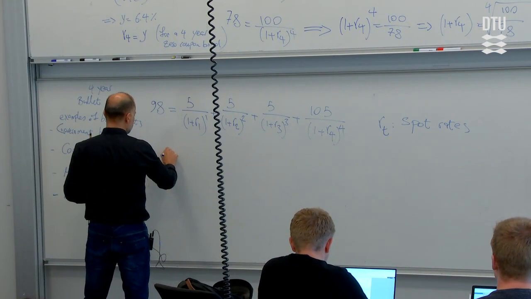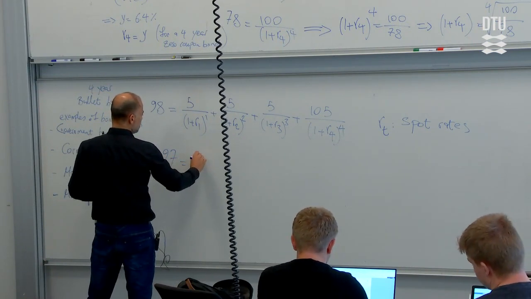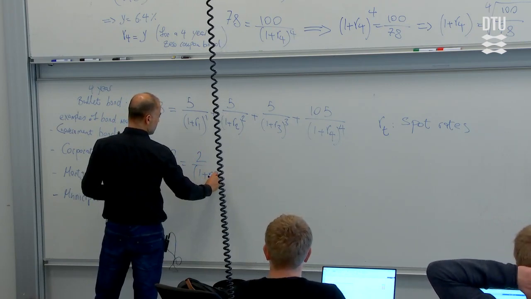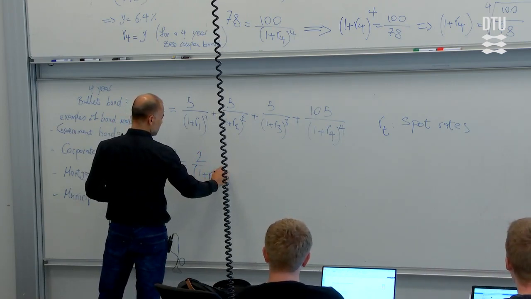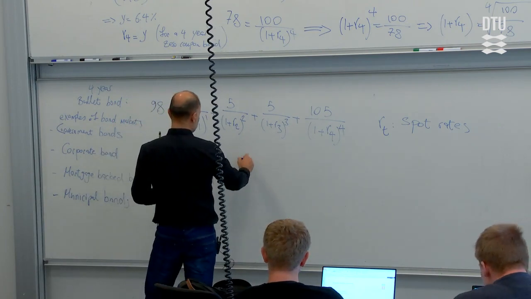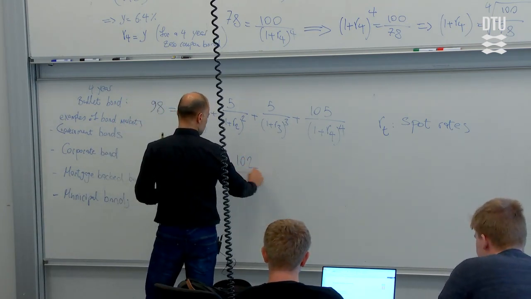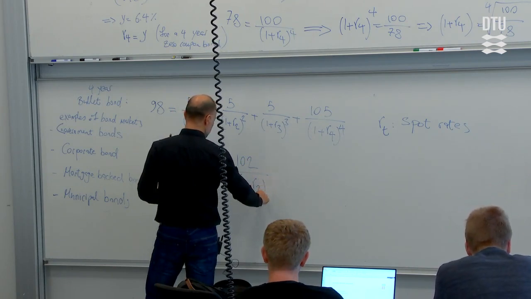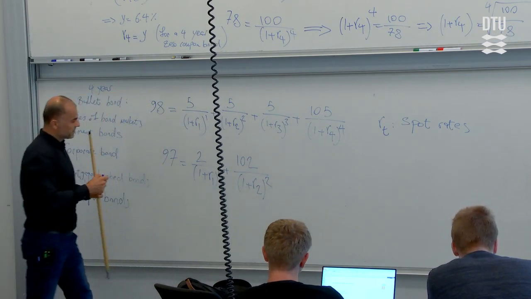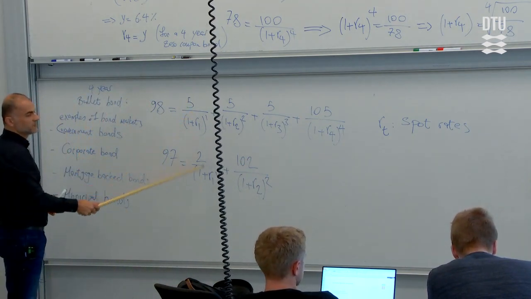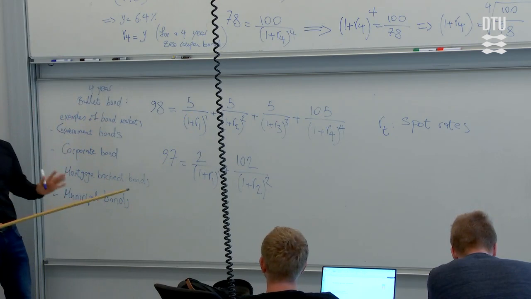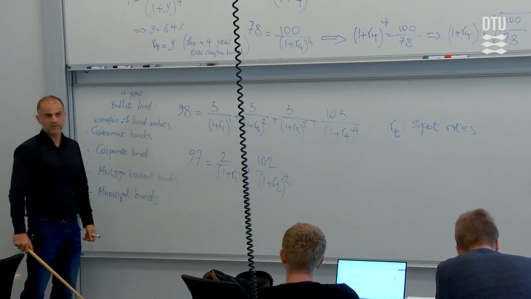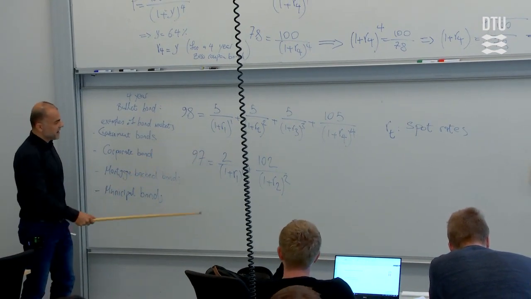So let's say the price for that is 97, and then you have 2 divided by 1 plus R1 to the power of 1, plus, in the second year, 102 divided by 1 plus R2 to the power of 2, right? So just to make it simple, this is one bond market, which is only comprised of 2 bonds. There is a 2-year bullet bond, and there's a 4-year bullet bond, right? With the prices of 97 and 98.